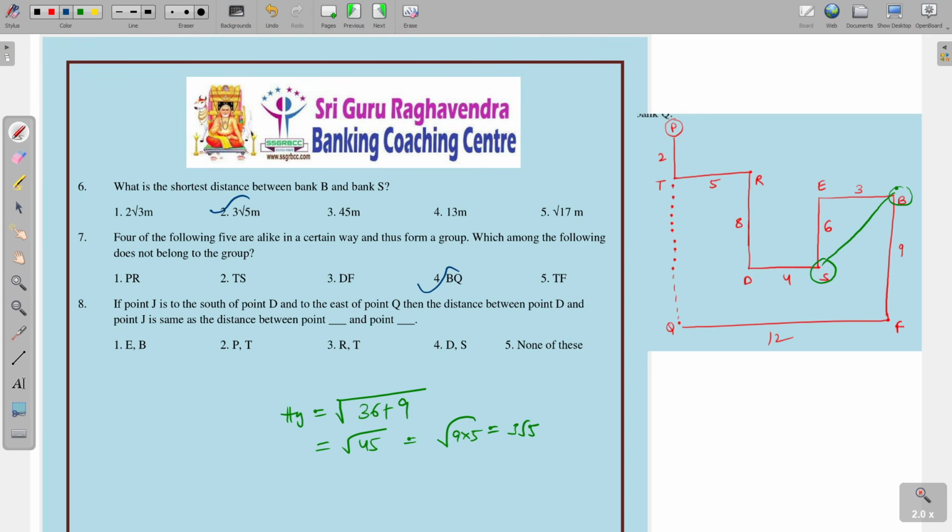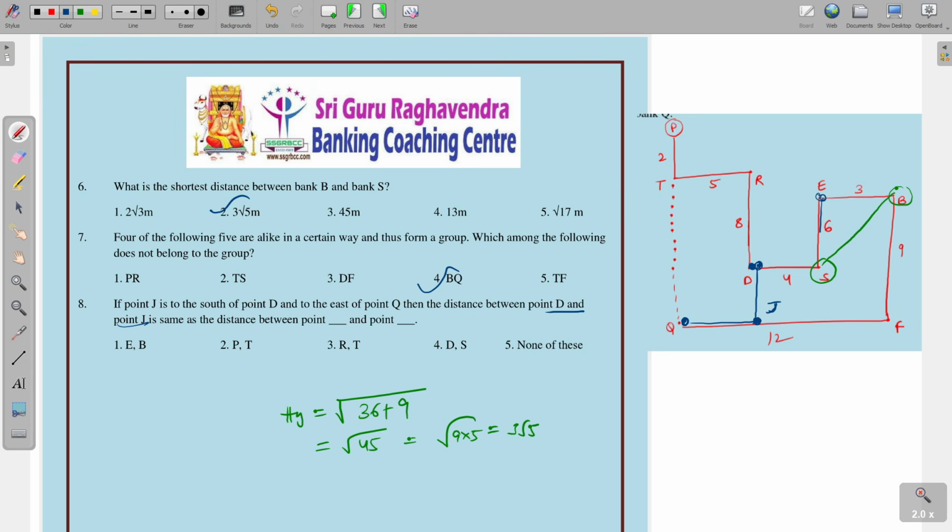Next, if point J is to the south of D and to the east of point Q. So, J is south of D, D here, and east of point Q here. It means point J is placed exactly here. Next, the distance between D and J is the same as the distance between which points?